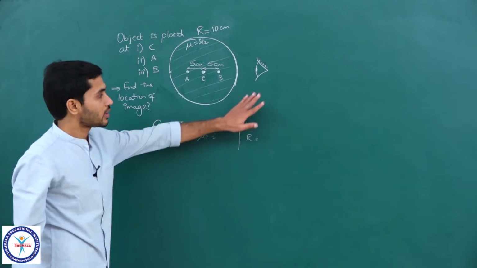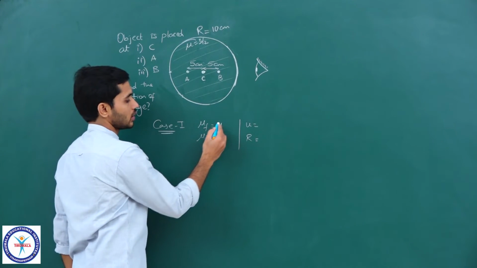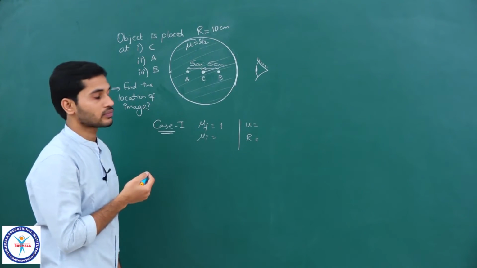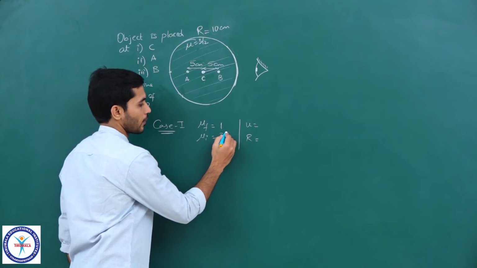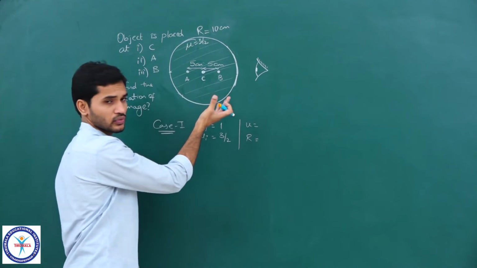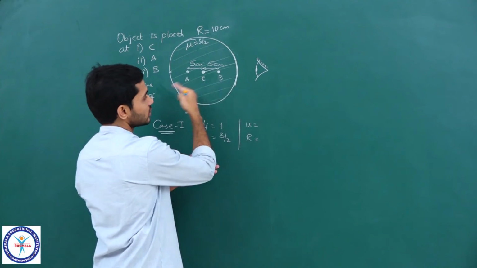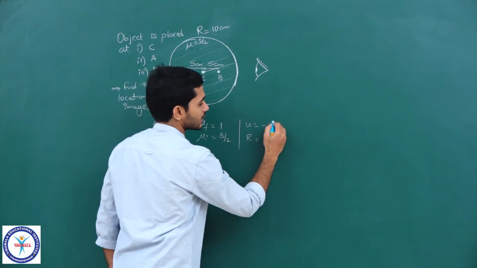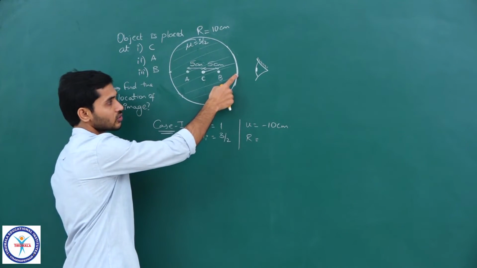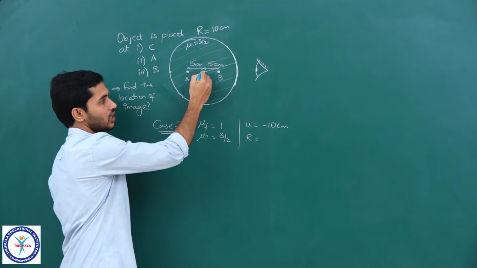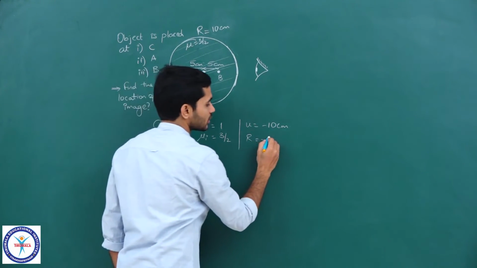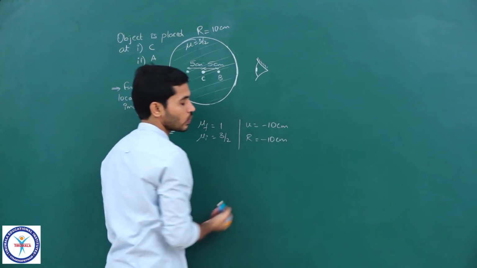The final medium is air, so mu final is 1. The initial medium, in which the light rays are going to travel, is 3/2. The object distance from the interface is R, which is 10 centimeters, but since it is on this side, we should take it as minus 10 centimeters. Now, what about R? C is also the center, so R is also on this side. So, I should substitute this as minus 10 centimeters once again.